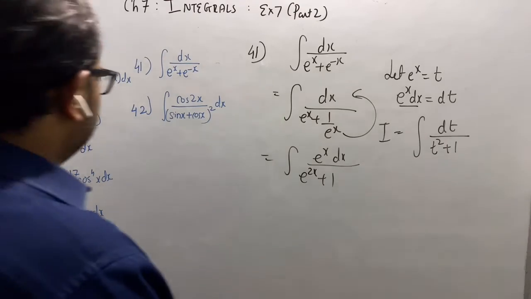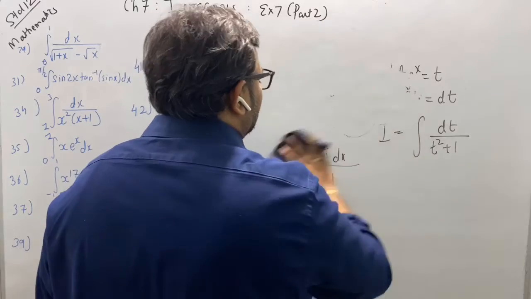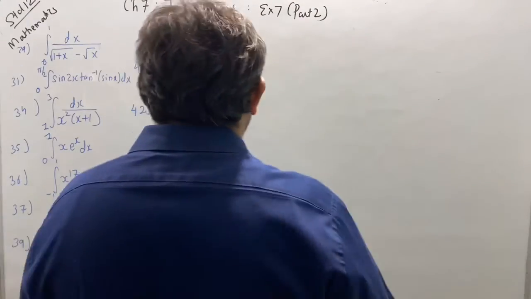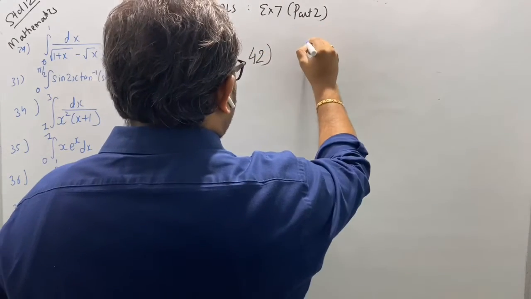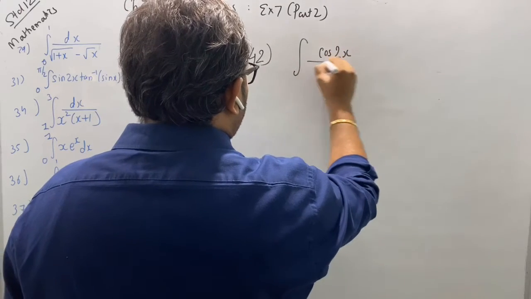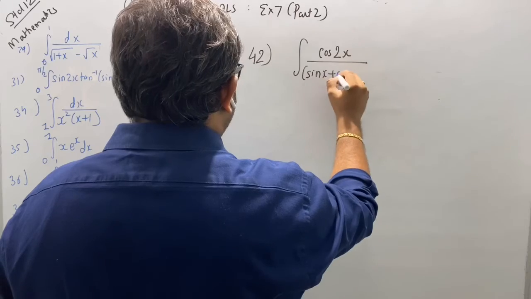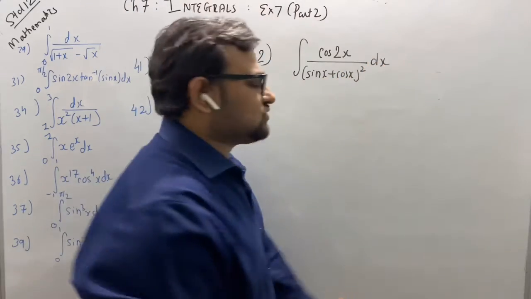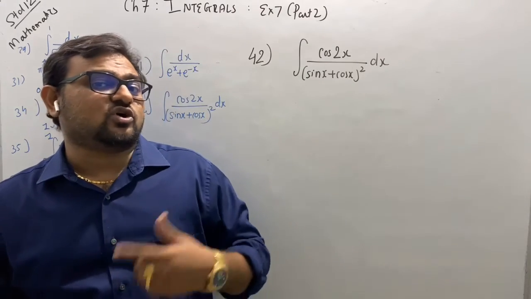Now, the last sum for today, that is question number 42. Integration of cos 2x upon sin x plus cos x whole square. Okay, now just think about it. How will you solve?